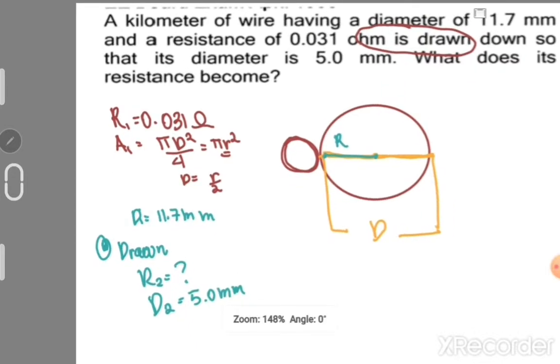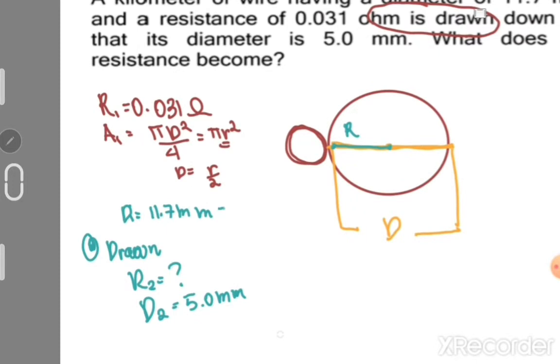Okay, so take note that D1 is equal to 11.7 times 10 raised to negative 3 meters, and our D2 is equal to 5 times 10 raised to negative 3 meters. Right? Tama ba? Okay, tama. So we have unknown R2.